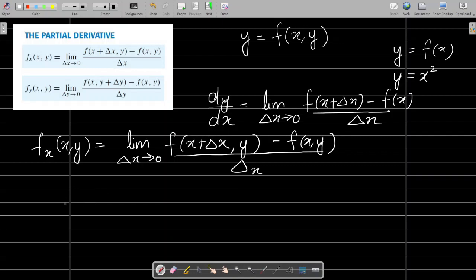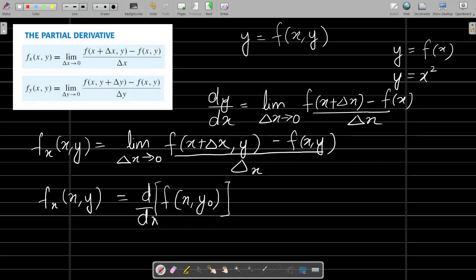Now how to evaluate a partial derivative like this: f_x at (x, y) is actually equal to d by dx of f of x, comma, y naught. That is, you have to evaluate the derivative of f keeping y as a constant, keeping y fixed.